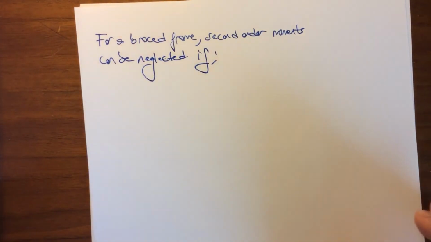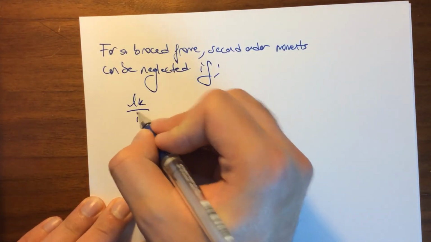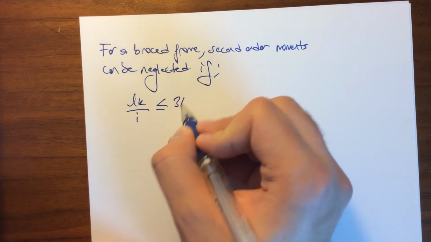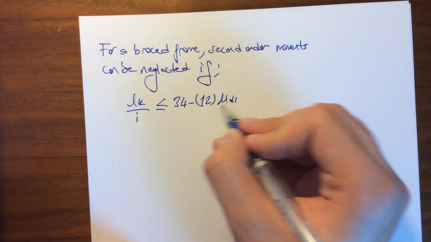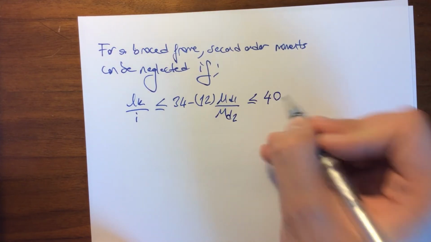And what is the following condition? It is LK over i less than 34 minus 12 times MD1 divided by MD2, less than or equal to 40.